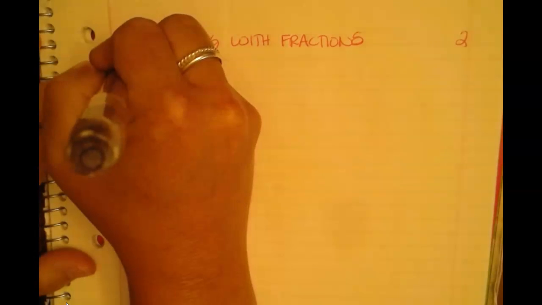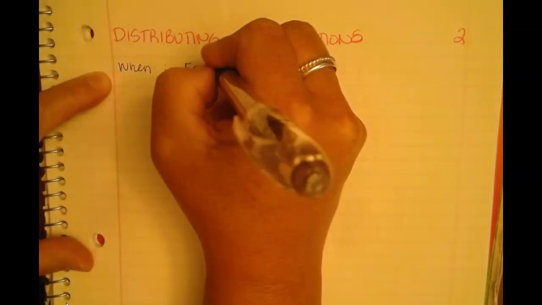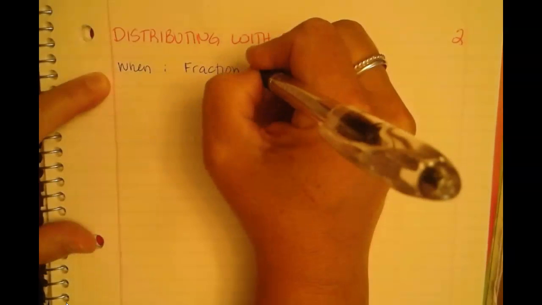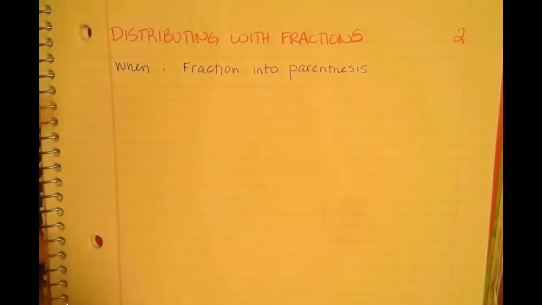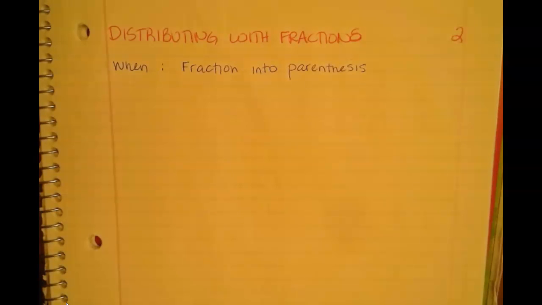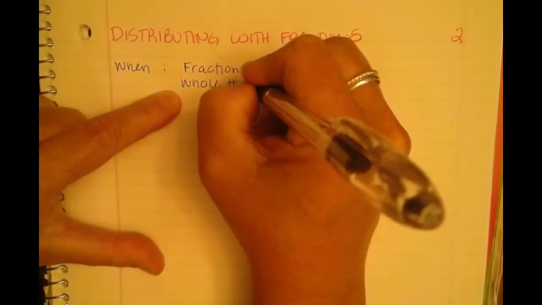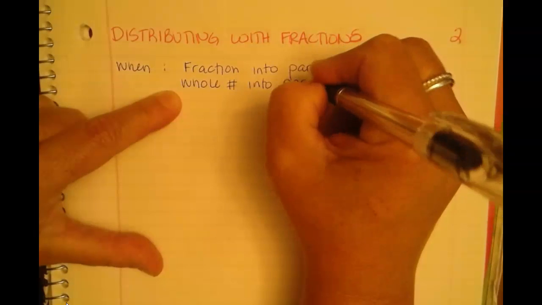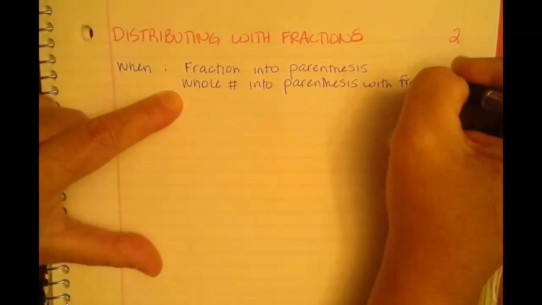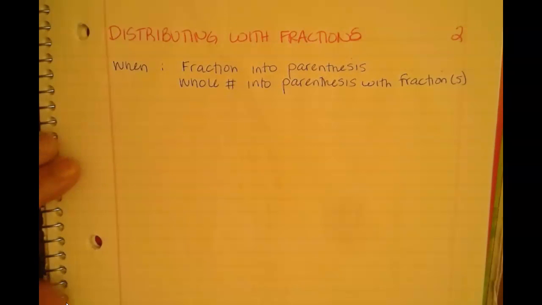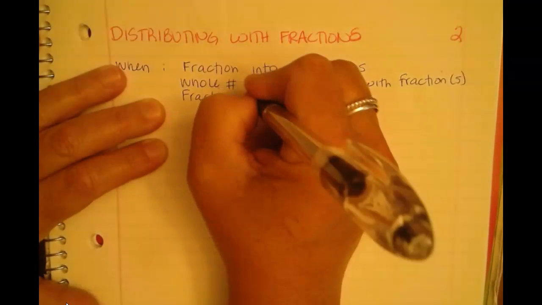So we're going to be distributing with fractions when you have a fraction distributing into the parentheses, when you have a whole number distributing into parentheses with a fraction, and that might have one or both of the numbers in the parentheses as a fraction, or a fraction into parentheses with fractions.